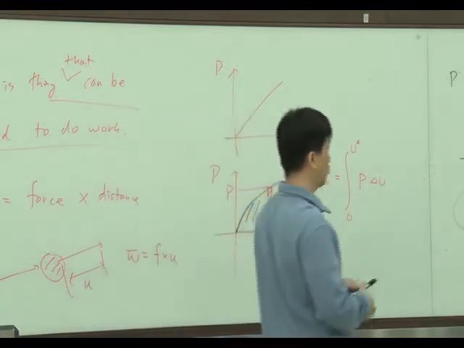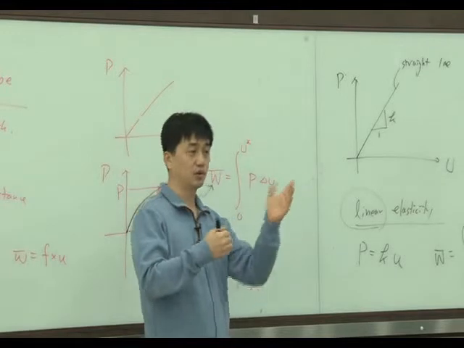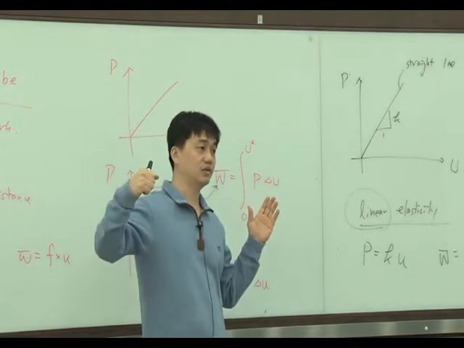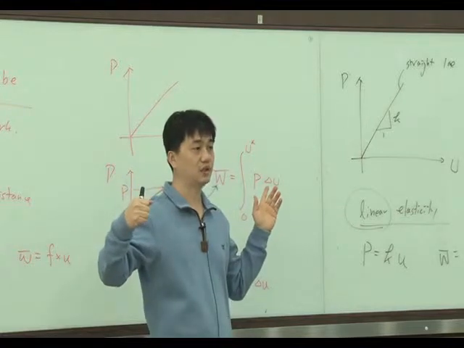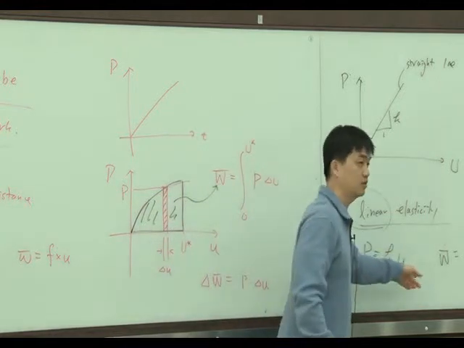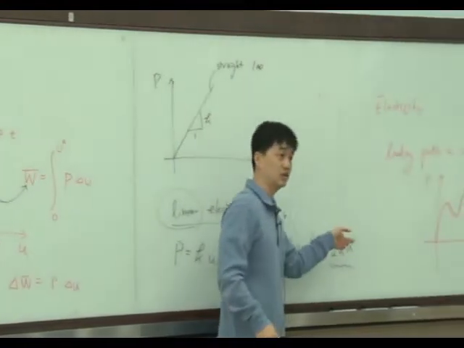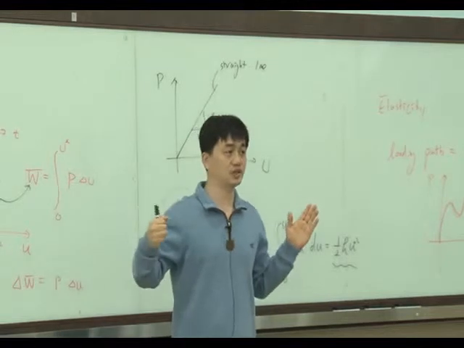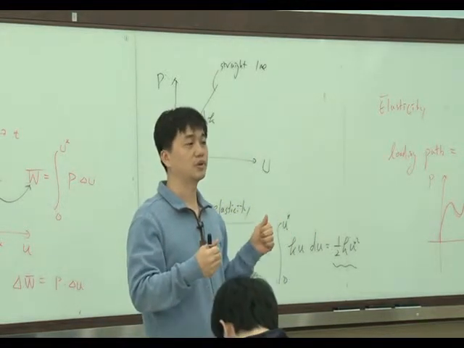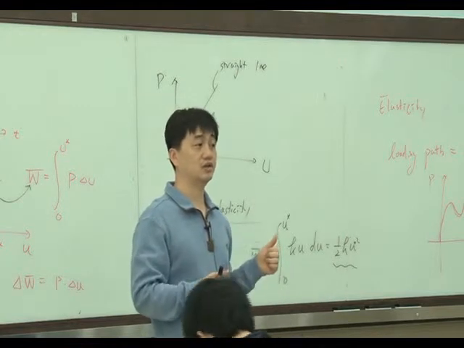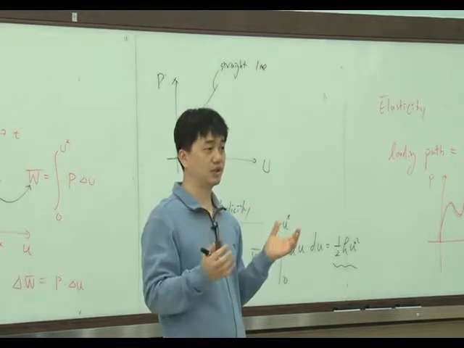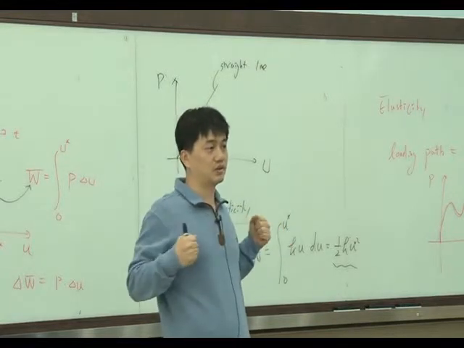Once we apply the load and the spring is stretched, the externally applied force P makes an external work W, and the amount of that work is this. And during this process, the spring stores some energy. We call it potential energy or elastic energy inside the spring.